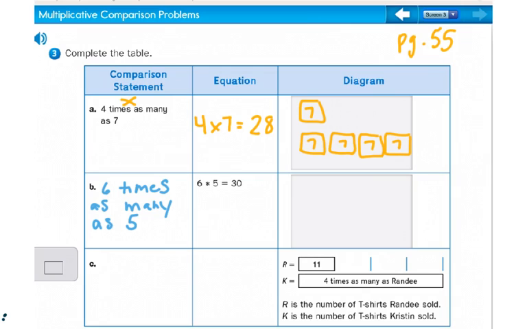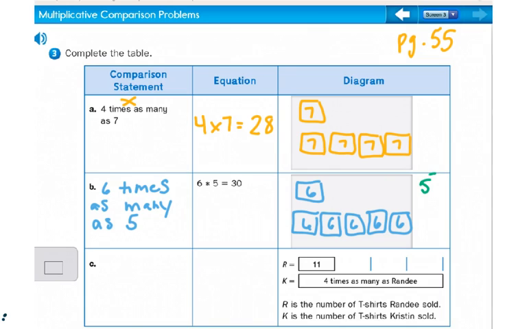Well, I could take 6 and I would do it 5 times. 1, 2, 3, 4, and 5. You also could do it this way as well. You could do 5 and do it 6 times. 1, 2, 3, 4, 5, 6. Because 5 times 6 is 30, and 6 times 5 is 30.